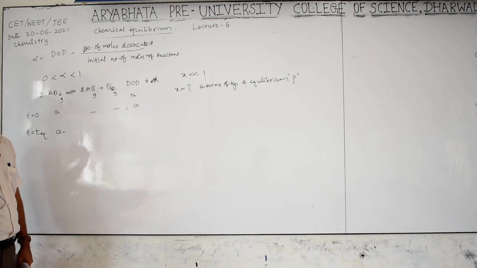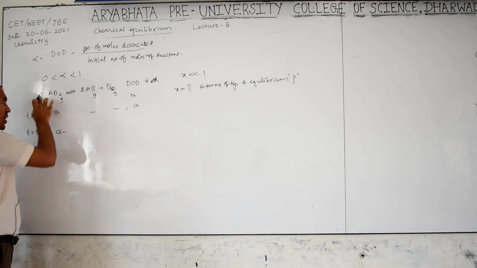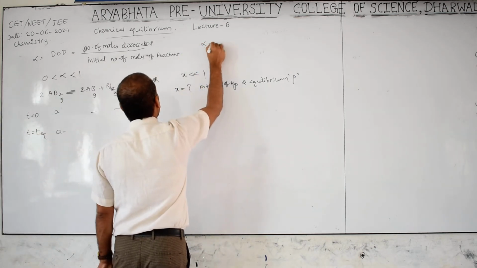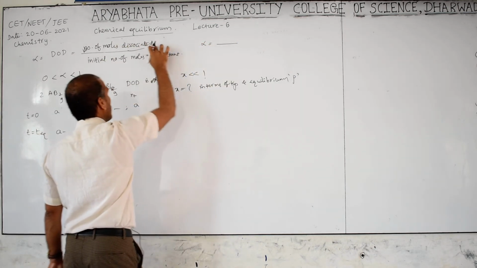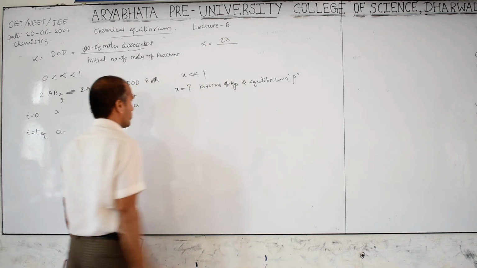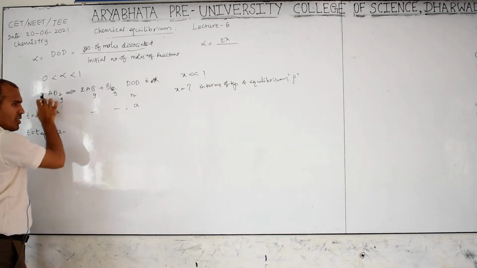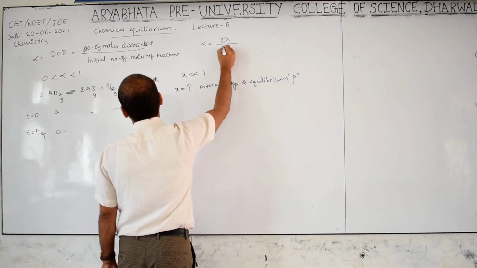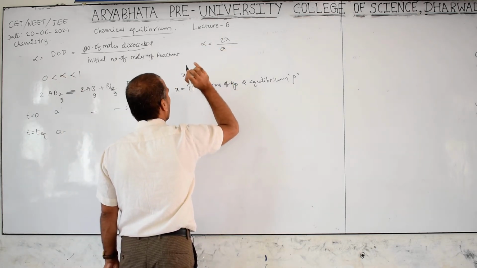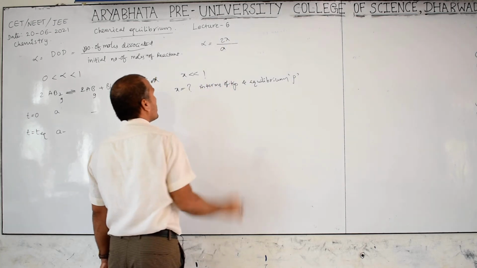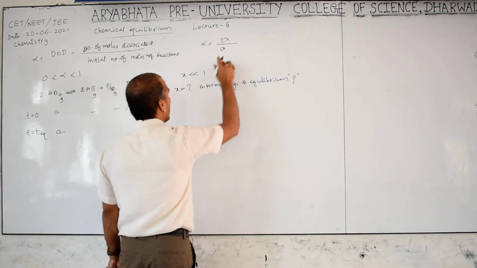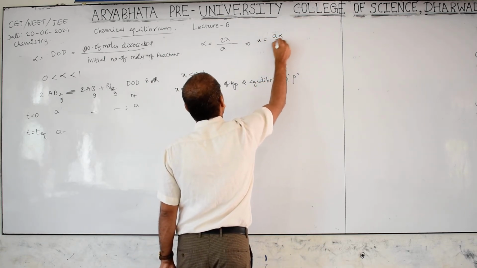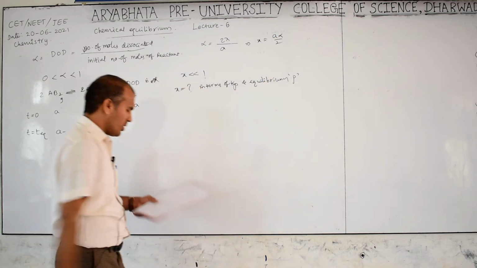Normally when there is a change, A moles minus 2x. Then the alpha formula: alpha is equal to number of moles dissociated, which is 2x, by initial moles, which is A. Then alpha is equal to 2x by A. Therefore x is equal to A alpha by 2. I hope this is clear.